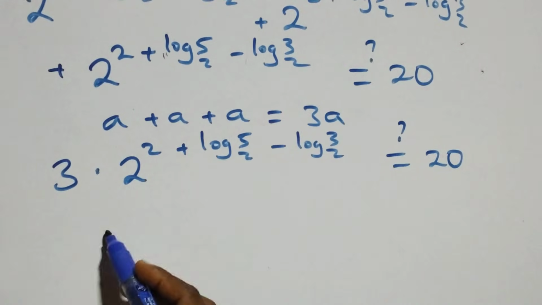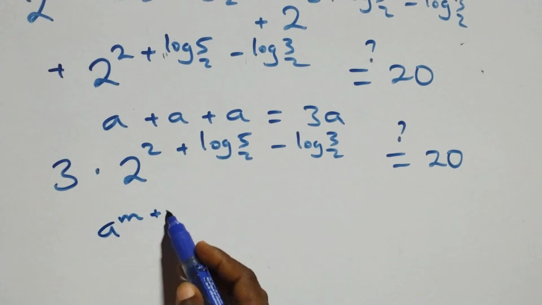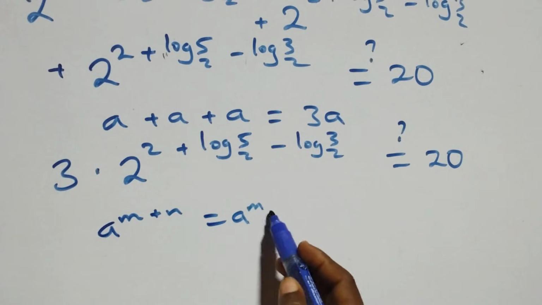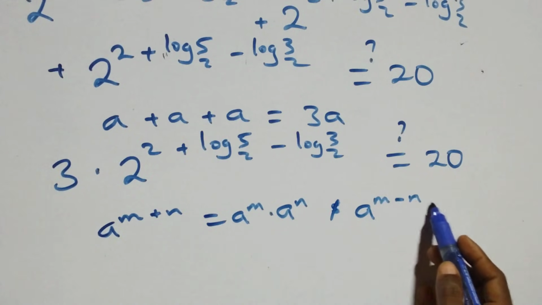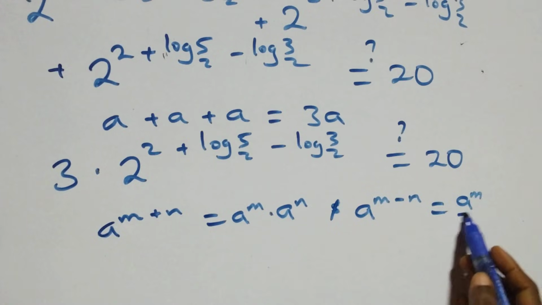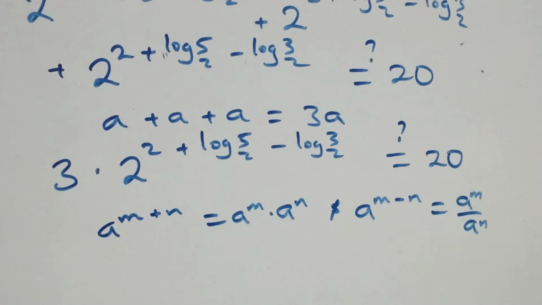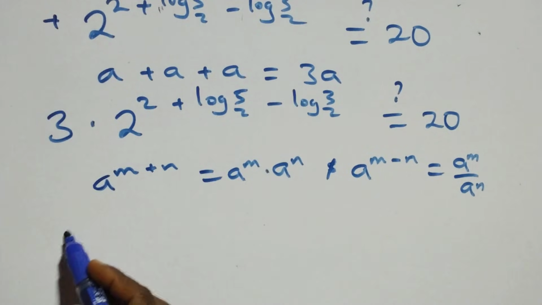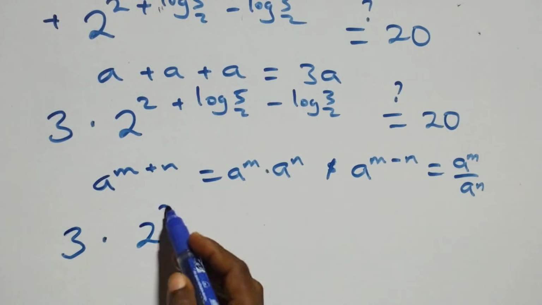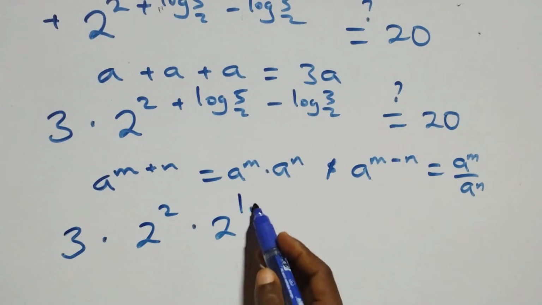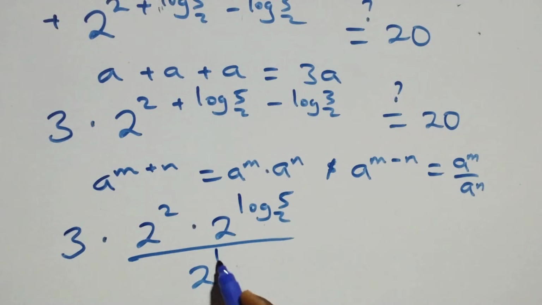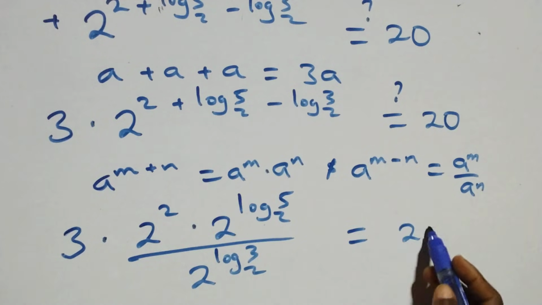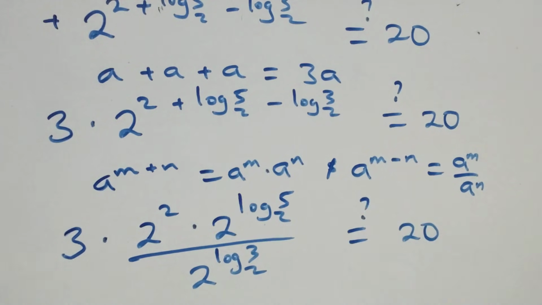This follows the law of indices. When we have a raised to power n plus n, it is the same thing as a raised to power n times a raised to power n. And also a raised to power n minus n is the same thing as a raised to power n over a raised to power n. Here we have 3 times 2 raised to power 2 times 2 raised to power log 5 base 2, divided by 2 raised to power log 3 base 2, equals 20 on this side.